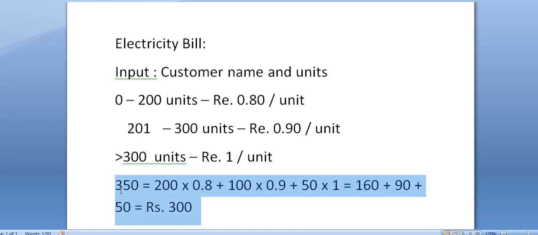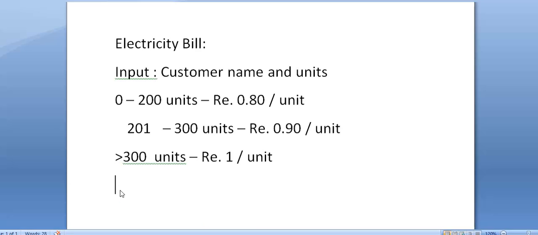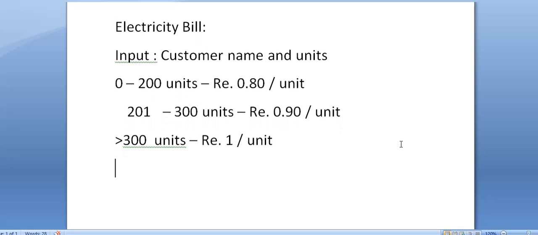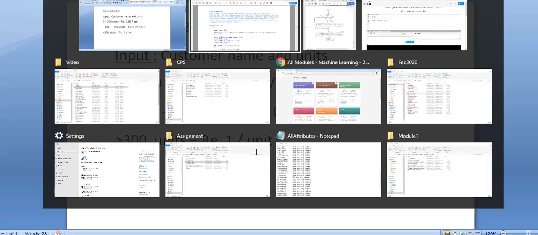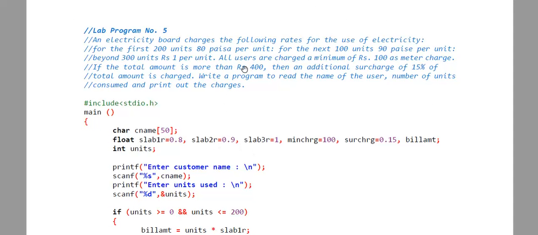Okay, now the problem statement is not yet complete. We still have a few more things to consider. Now, 0 to 200 units, 0.8 per unit, 201 to 300 units, 0.9, more than 300 units we are going to charge rupee 1 per unit. There are additional things we need to take care of. All users are charged a minimum of rupees 100.